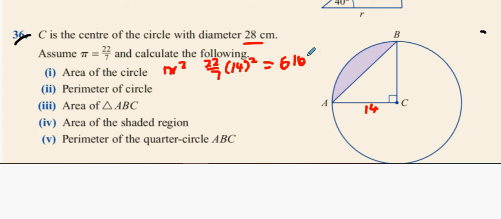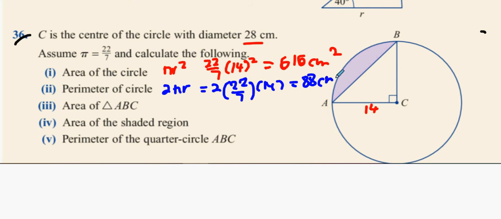The perimeter of the circle, that's 2 pi r. What's 2 pi r? 2 times 22 over 7 times 14. And what do you get? 88 centimeters.